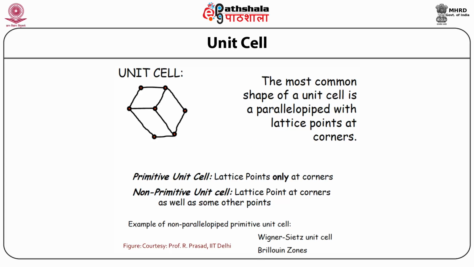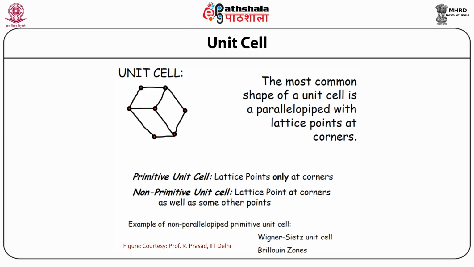Now before discussing the lattice systems, let us first summarize the unit cell. As we have discussed already, the unit cell is the smallest repeatable unit of a lattice. The figure shows the most common shape of a unit cell, a parallelopiped with lattice points at the corners.